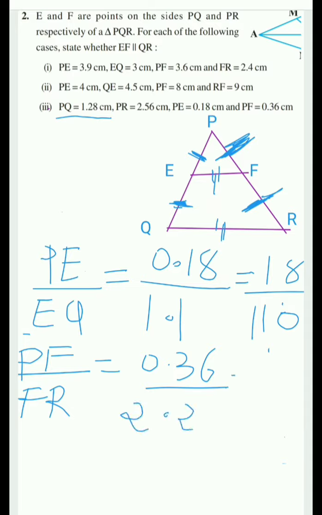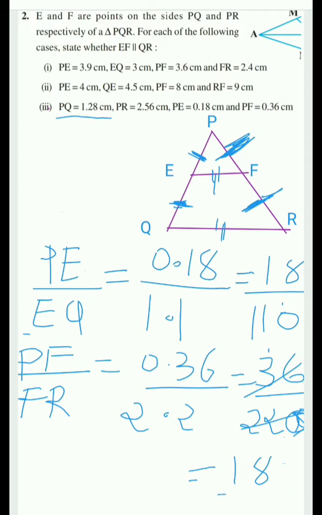If we remove the decimal point, it will become 36 upon 220. So here we will reduce it, and it can become 18 and this will become 110. So in place of this we will write 18 upon 110.